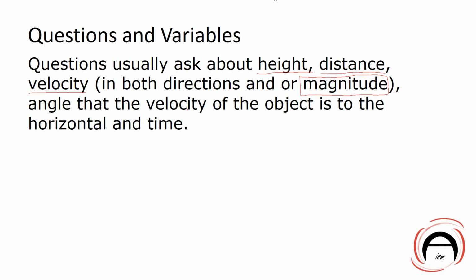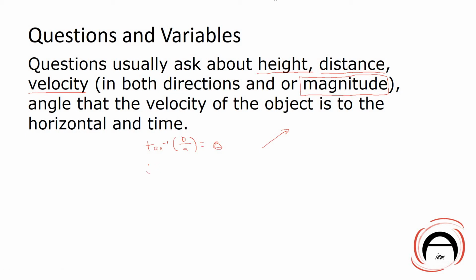So handling the velocity in the two different directions, if you remember from vectors, you're either going to use tangent inverse of b over a to find the angle that the vector makes with the horizontal, or you're also going to be using the Pythagorean theorem.